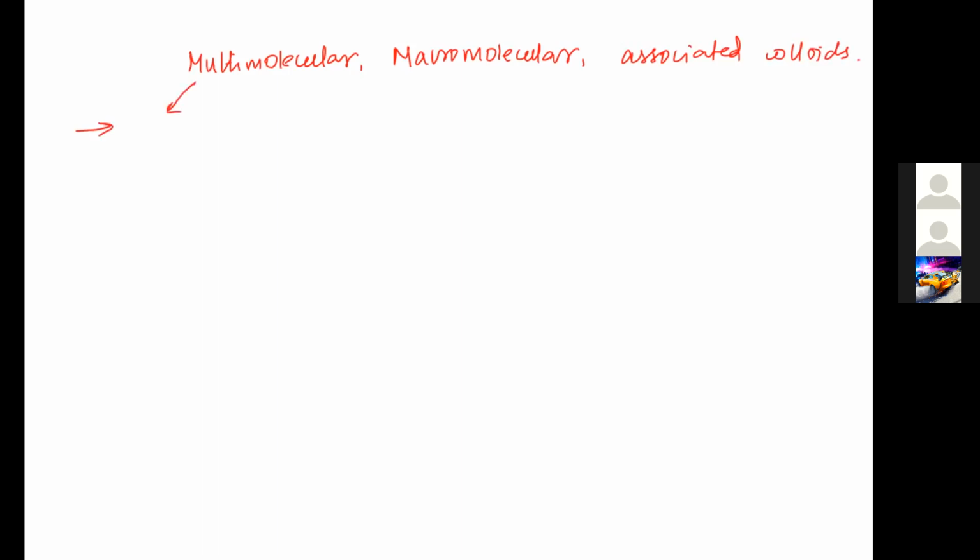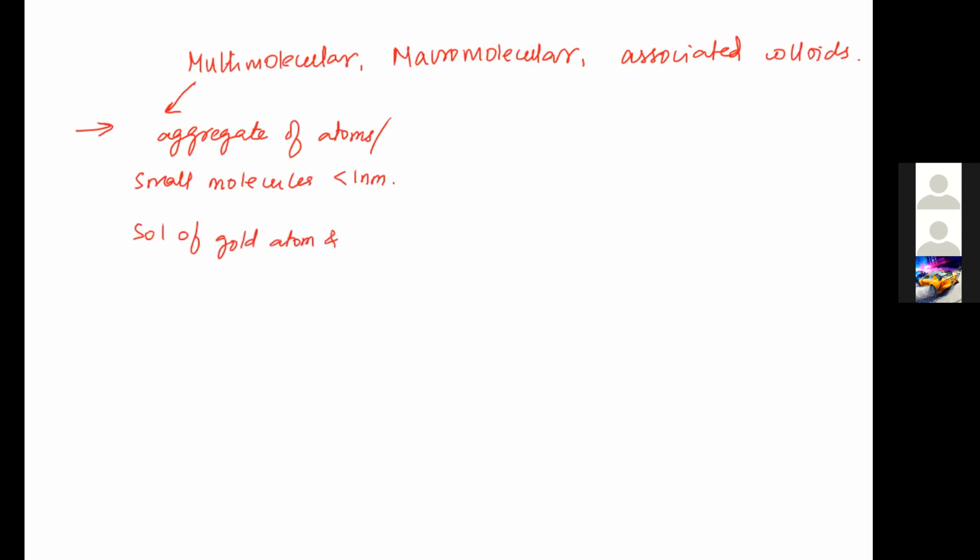Multimolecular means they have aggregate of atoms, or small molecules less than 1 nanometer in size. For example, solution of gold atoms and sulfur molecules.